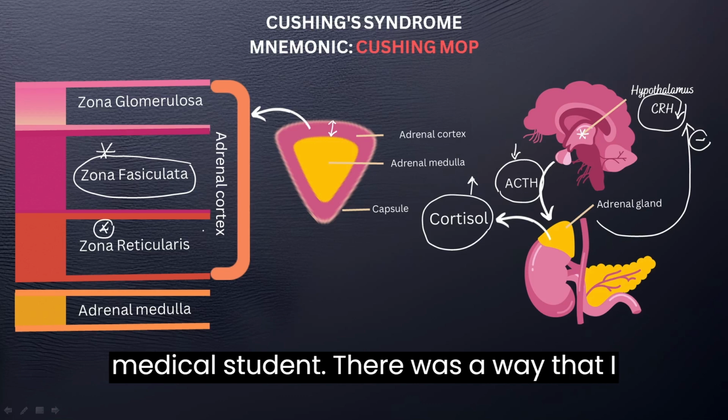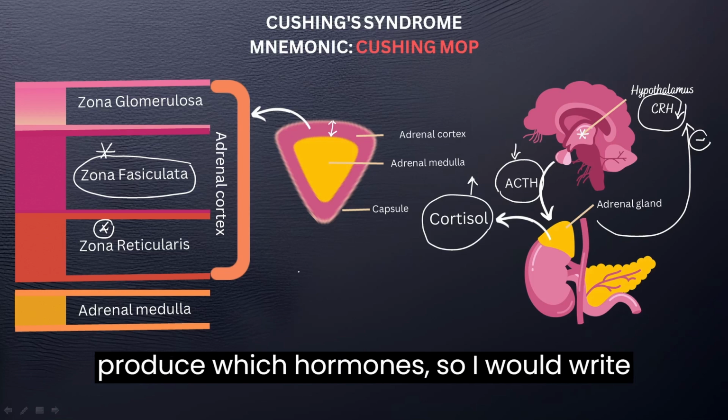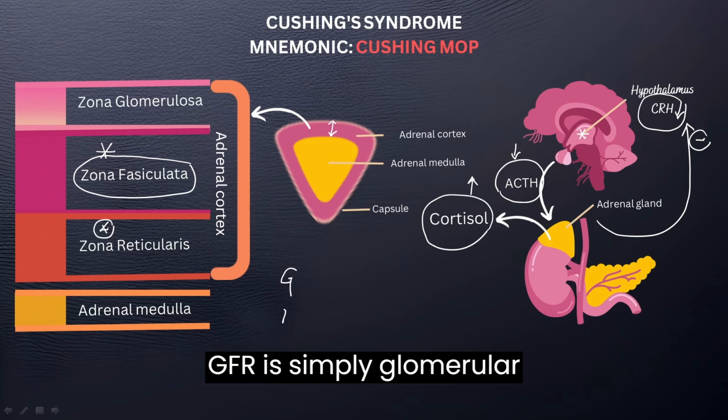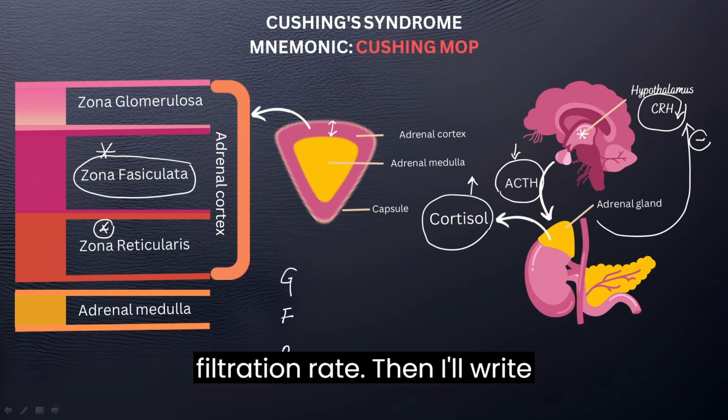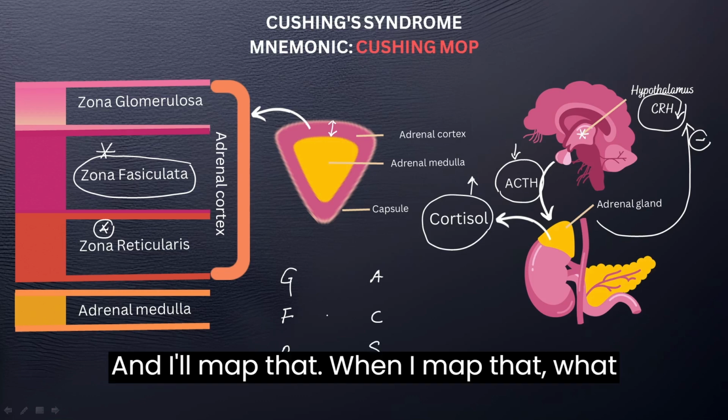Now, when I was a medical student, there was a way that I used to memorize which of these zones produce which hormones. So I would write GFR. Okay, GFR is simply glomerular filtration rate. Then I would write ACS, which is acute coronary syndrome, and I'll map that.